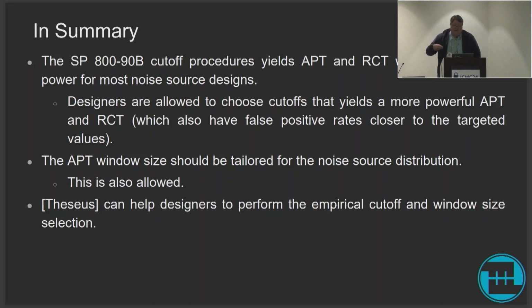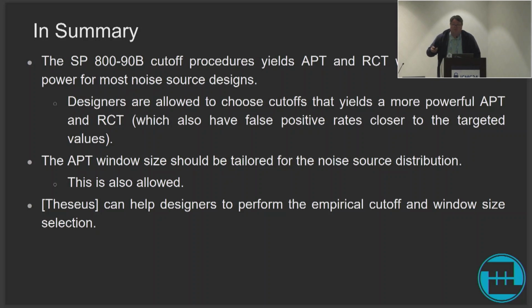As is standard, when you start messing with these cutoffs, you're going to ultimately affect your false positive rate. But in this particular instance, you're really just making your false positive rate a little bit closer to what you're targeting.